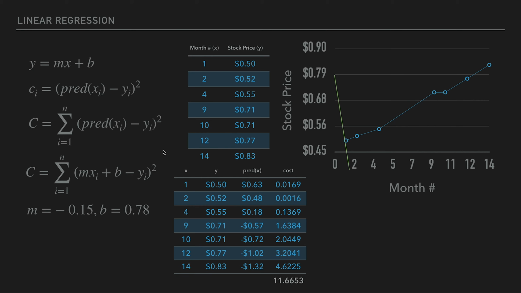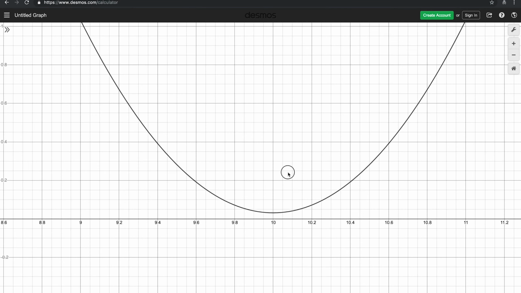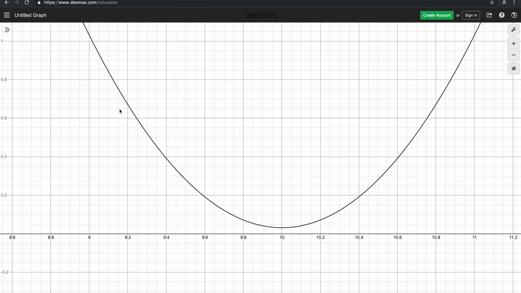Well, let's go into the Desmos tool and see how the error function could actually look. Great, so this is an example of how the error function could look. Remember that the error function is a quadratic function because it's squared. Remember, it's the prediction minus the y value, squared.